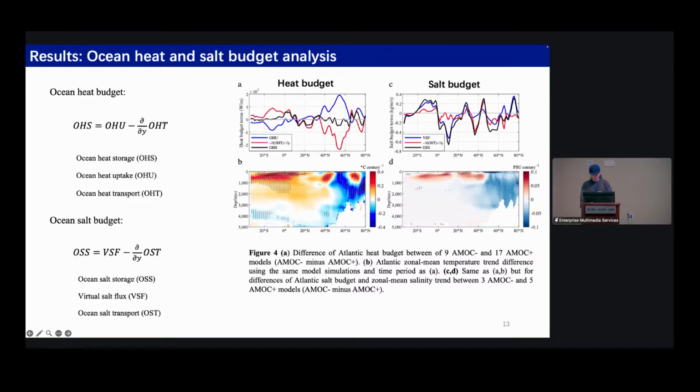And in the heat budget, the blue curve is OHU, the red curve is the meridional gradient of OHT, and the black curve is the total tendency. So we can see that the cooling in the warming hole region between 50 to 60 north is dominated by the meridional OHT divergence and partially offset by the surface heat flux from the atmosphere.